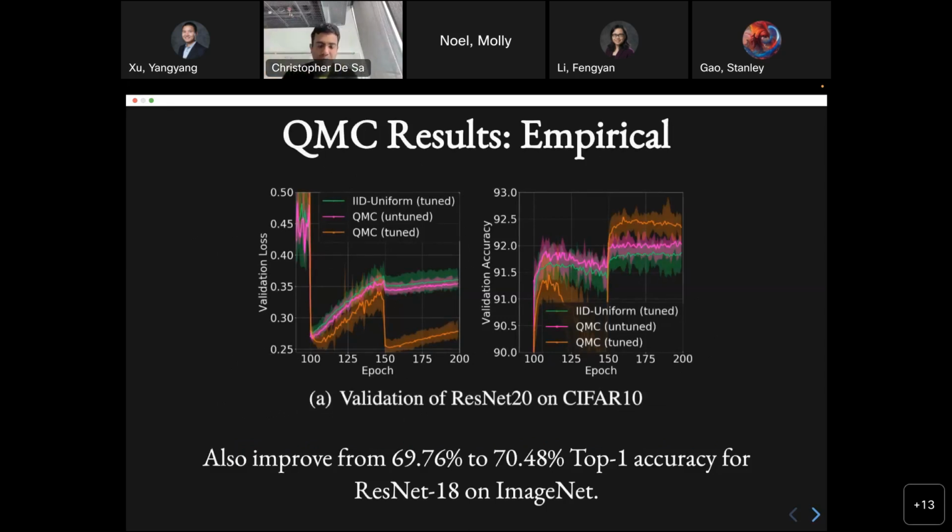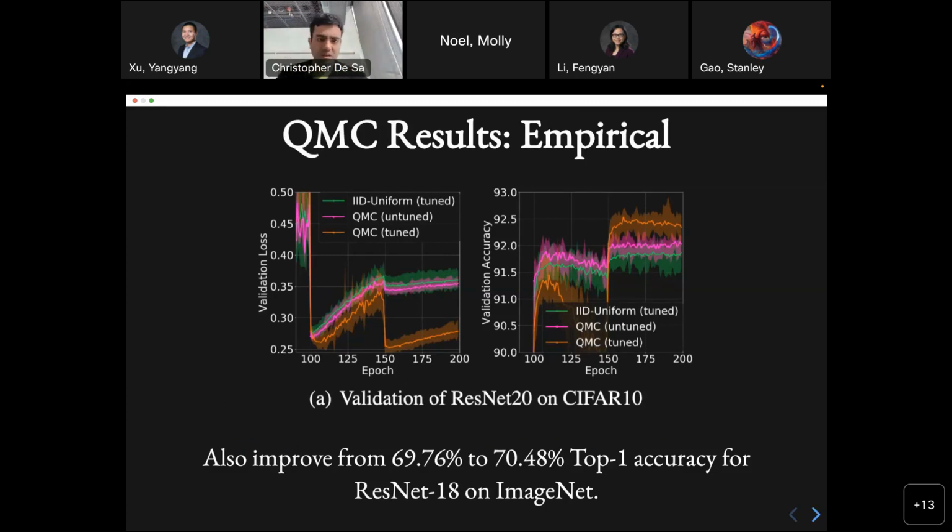And what we observe is that when we replace data augmentation via random sampling with data augmentation via quasi-random sampling, via quasi-Monte Carlo, we can actually get some real empirical improvements. So here I'm looking at validation of ResNet 20 on CIFAR-10, which is a relatively small scale data set.